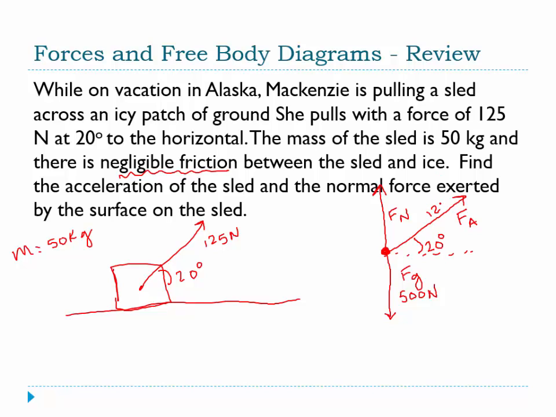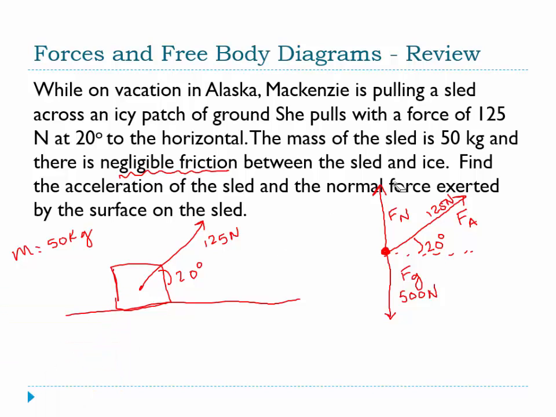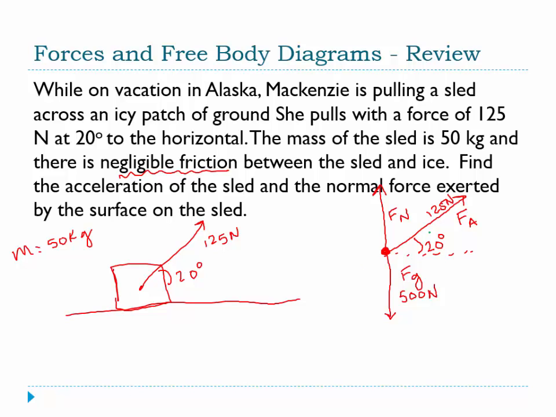And this is 125. Now, the reason why I say that this is a little bit harder of an AP1 problem is because a lot of students will not see that the force that I'm pulling up here with is actually contributing a little bit to the normal force.